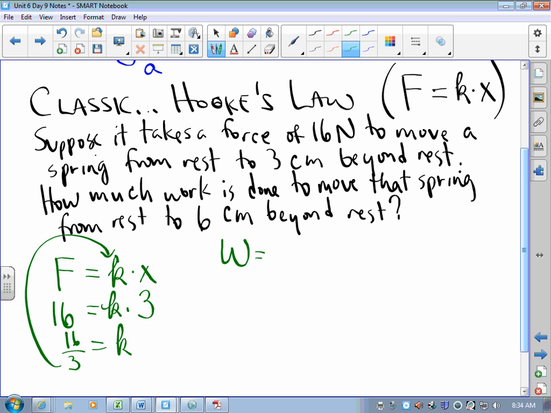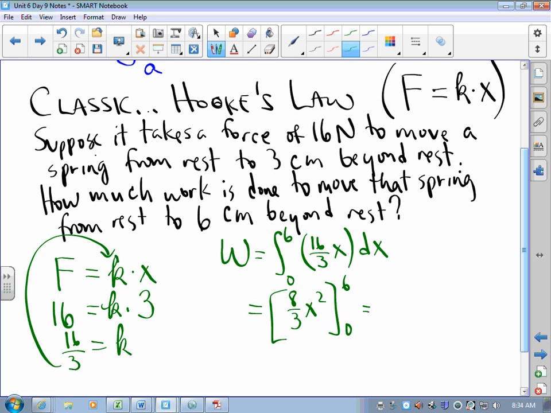Well, work is the integral over the interval of the force function applied over the distance. So what is that? That's 8/3 x squared from 0 to 6. And that turns out to be 96 newton centimeters. Newton centimeters. I believe a newton meter is called a joule. So this would be 0.96 joules of work.